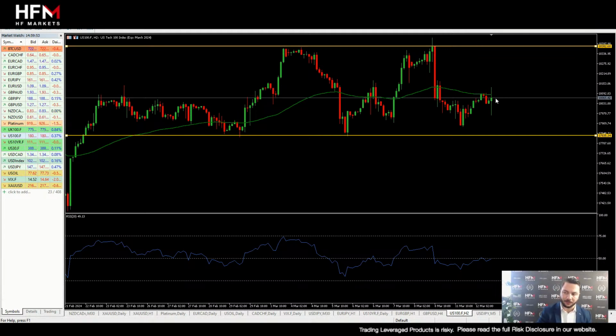But if we look at technical analysis, it's actually indicating that there's a slight tilt towards sellers' control in the market. Number one, we've got a higher low, even though we don't have a higher high. Number two, we're trading below the 75 bar exponential moving average, just about. And number three, we're also below the RSI neutral level as well.